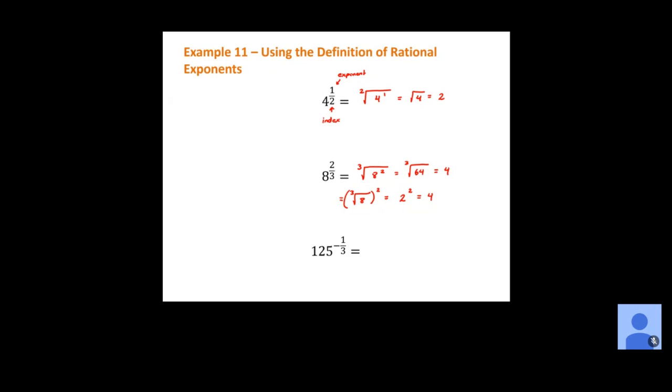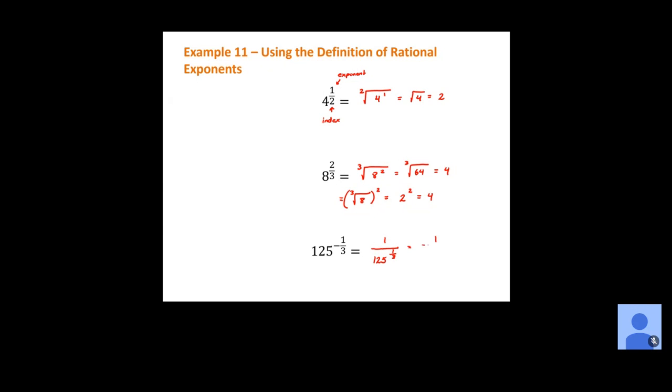All right, and then this third one here, first thing I notice is we have a negative exponent. So that's always going to be the first thing I want to get rid of if possible. So I'm going to move that to the denominator and make it a positive. So now we have 1 over 125 to the 1/3 power. Now we can rewrite that 1/3 power as a radical.